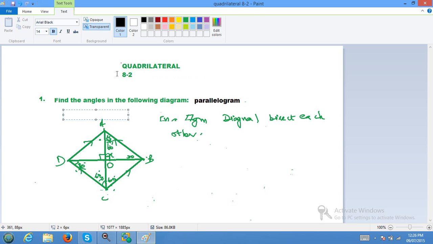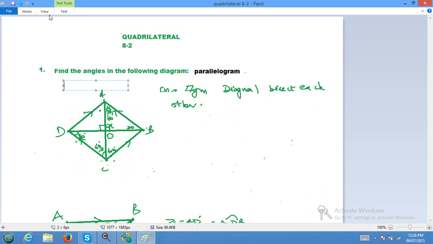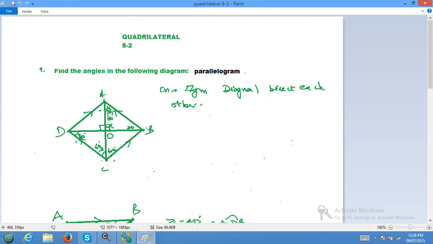Now AD is parallel to BC and AB is parallel to DC. Now given is angle B. Angle B is 30.